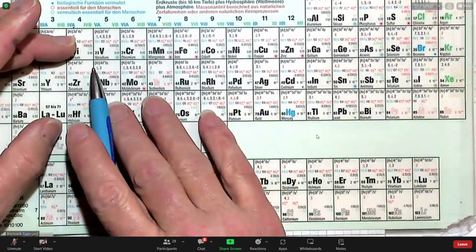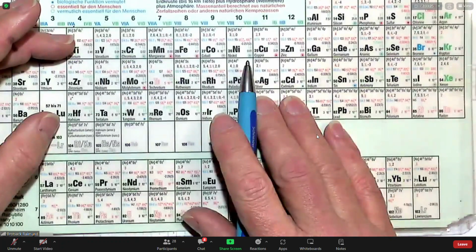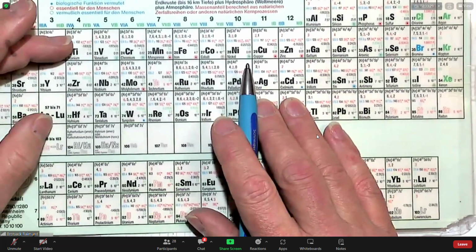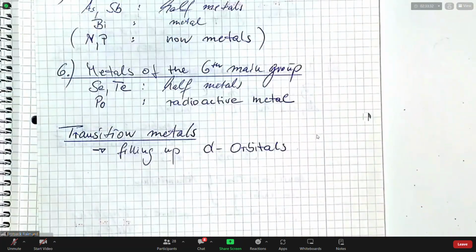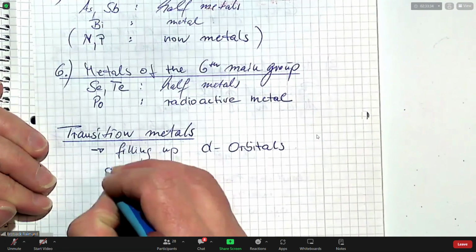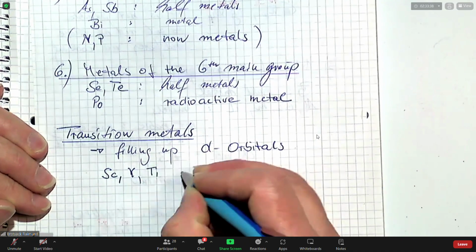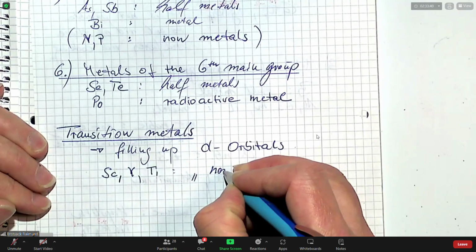The rest is, well, remember it, more than 5 grams per cubic centimeter. So heavy metals. So scandium, yttrium, titanium, we call them normal metals.